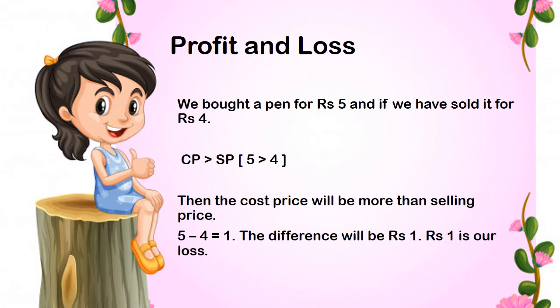We bought a pen for 5 rupees and if in case we have sold it for 4 rupees, then the cost price will be more than selling price. That is, 5 minus 4 is equal to 1. The difference will be 1 rupee. That 1 rupee is our loss. Here, the cost price will be greater than the selling price.